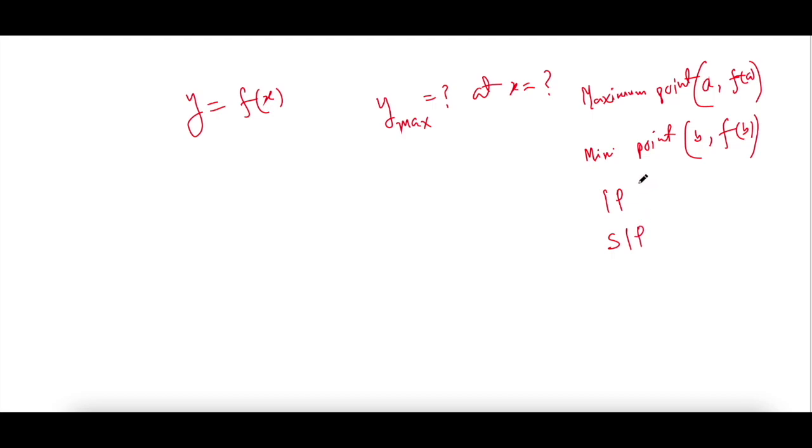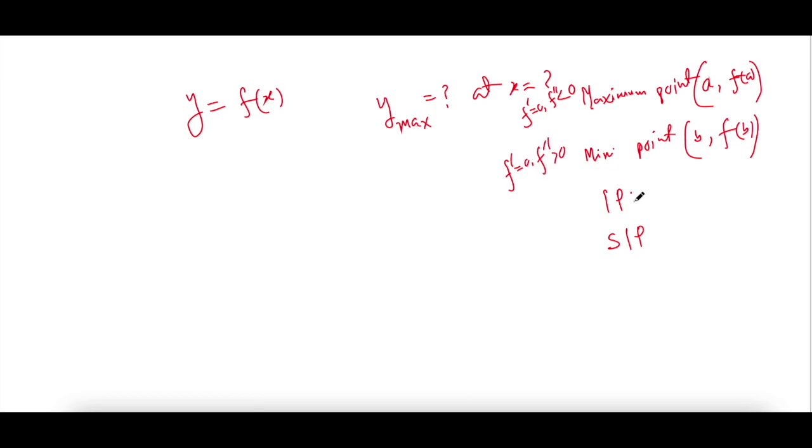And we know the mathematical condition for the maximum point is that the first derivative will be 0 and the second derivative will be negative. For the minimum point, the first derivative will be 0 and the second derivative will be positive.